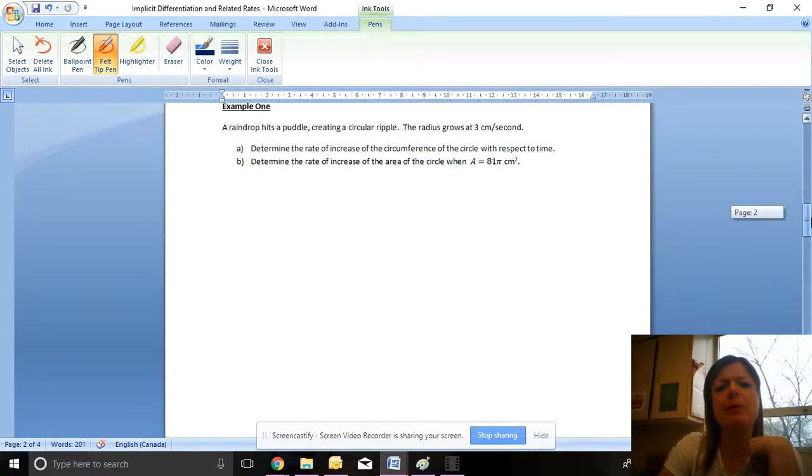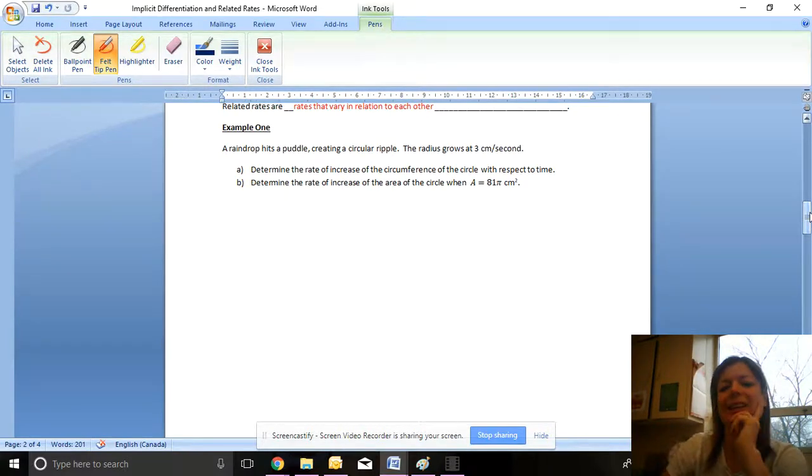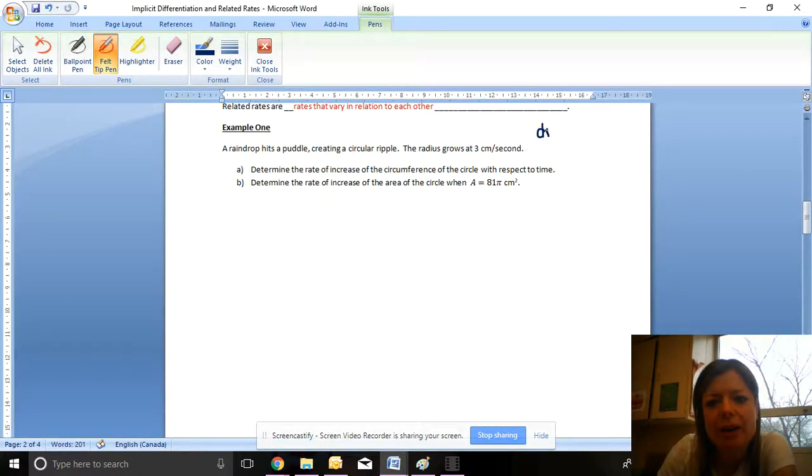So this is where your Leibniz notation is actually really going to come in handy. So here, determine the rate. So we have a radius that grows at 3 centimeters per second. So what that means is that the change in radius, so dr, with respect to the change in time, dt, is equal to 3.